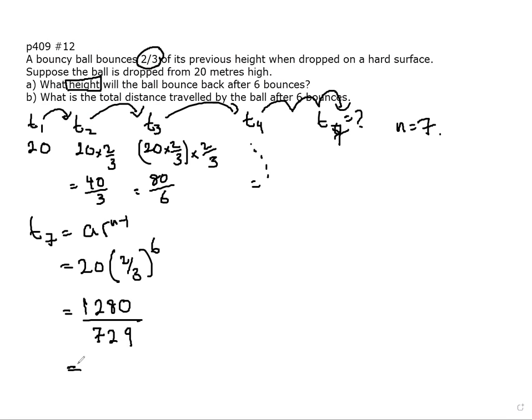Sort of difficult to get an idea of how high that is without doing a calculator. 1.7558, so approximately 1.8 meters off the ground when I'm bouncing it from 20 meters high.